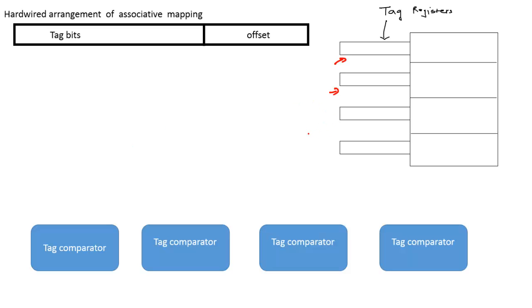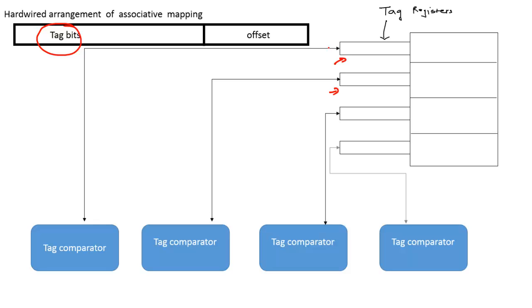In each comparator, one input will be the tag bits that we get from the address of the word that we are looking for in the cache memory. The second input of the tag comparator will be the content of these tag registers. So it will be arranged in this fashion.